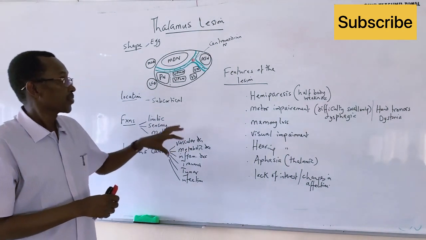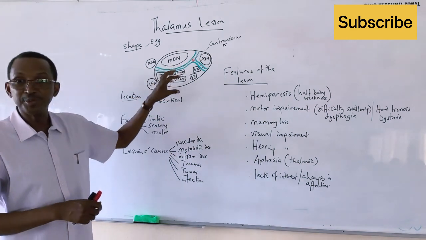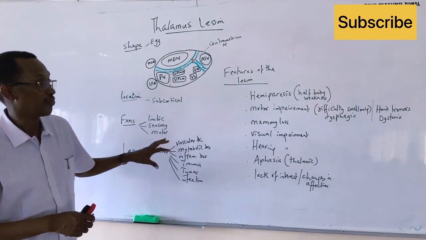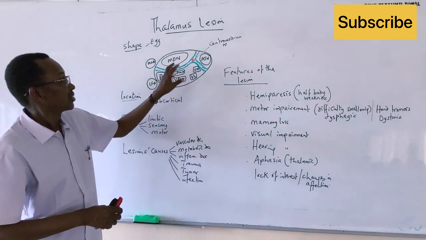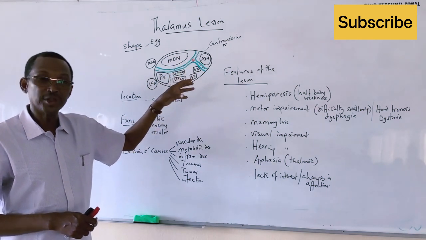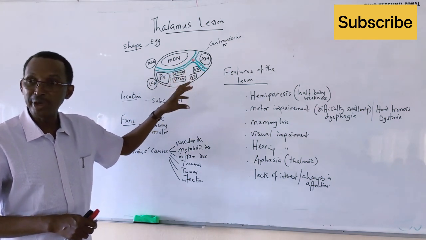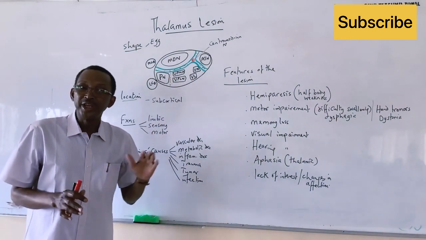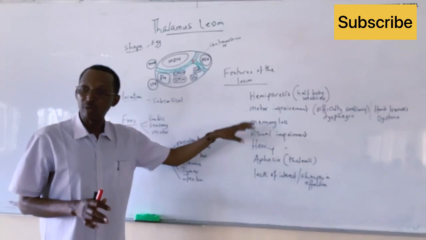So now, if the thalamus is being affected by any of these causes that have been mentioned before, the lesion can affect either the motor component, the sensory component, the limbic component, or the spatial senses component. You don't even need to memorize what I have written on the board.